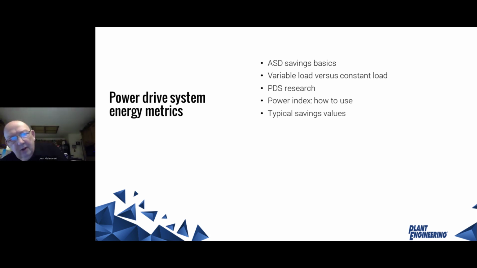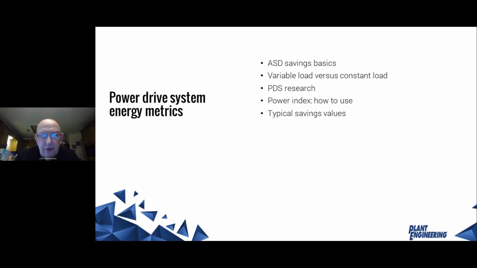Today we're primarily going to talk about energy efficiency with regard to induction motors and synchronous motors. And energy efficiency is different than efficiency, so system efficiency. So we're going to talk about ASD savings basics, and we're going to talk about variable load versus constant load.